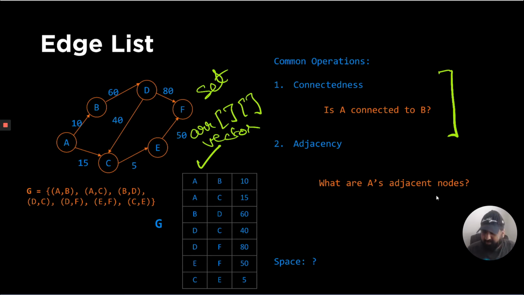Let's discuss one by one. If we want to check whether A is connected to B, you need to traverse this entire array to see whether A and B are there.